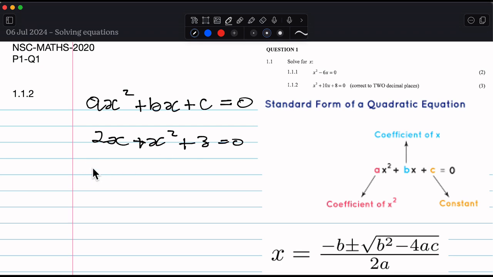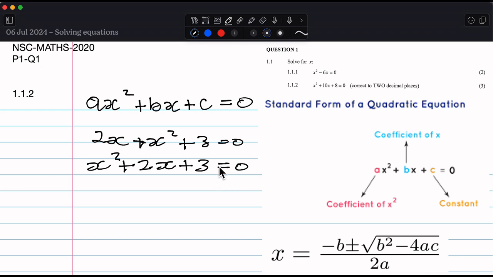So this would have to be rearranged as, let's bring our x squared term first. So this will be our x squared, then our x term second, that will be our 2x. Now remember, this is a positive 2x, so here we will have a plus 2x plus 3 equals 0, right?